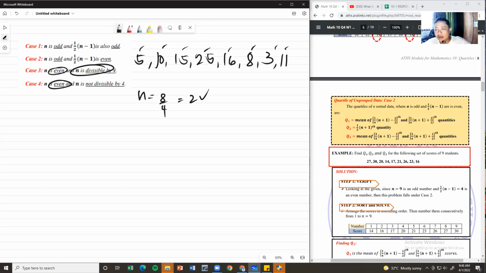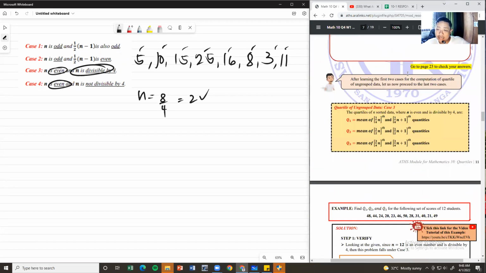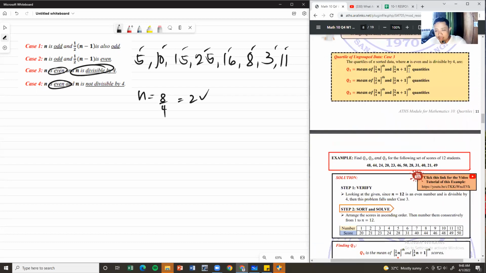And so, for our case 3, this is actually simple, but of course it has formulas. You just follow the formula and I will do the manual. Let's first arrange it in ascending order.